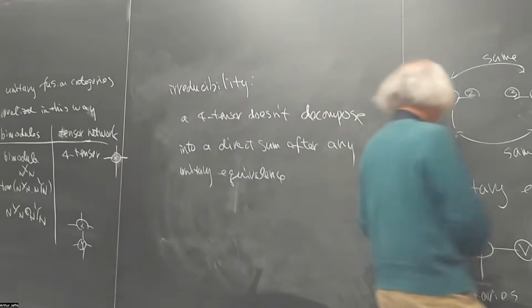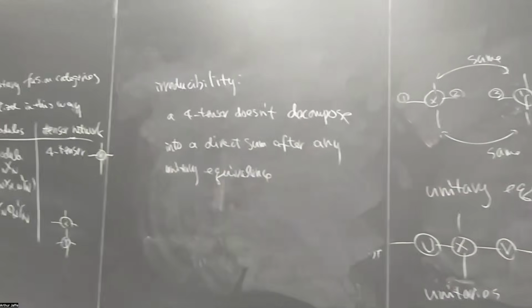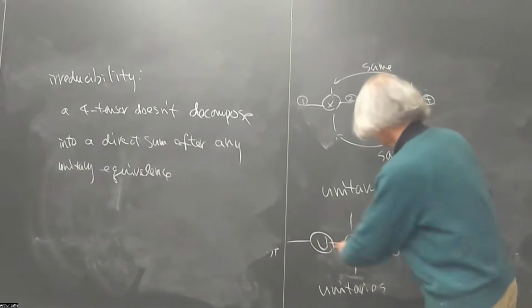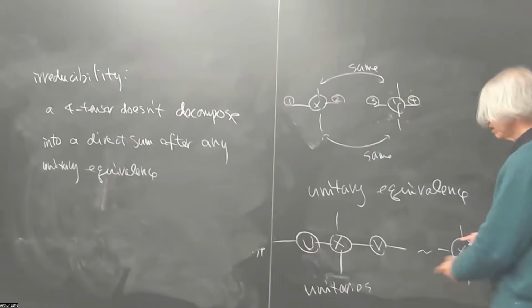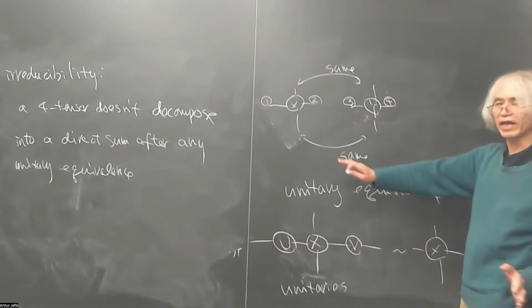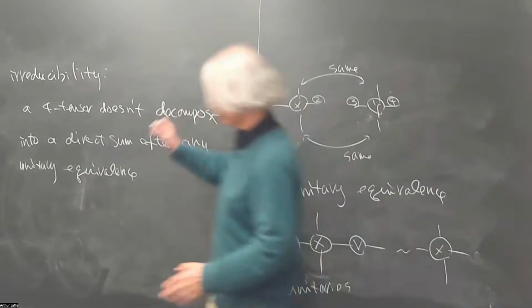So whatever unitaries U and D we choose, after applying these two unitary matrices, we still do not have a direct sum decomposition. That's the definition of irreducibility.